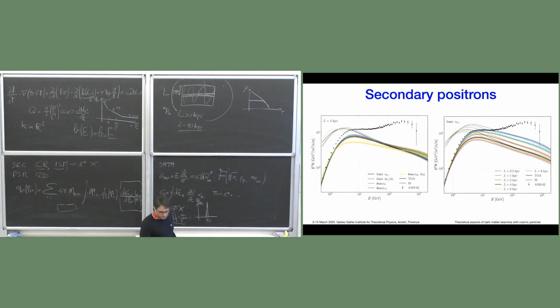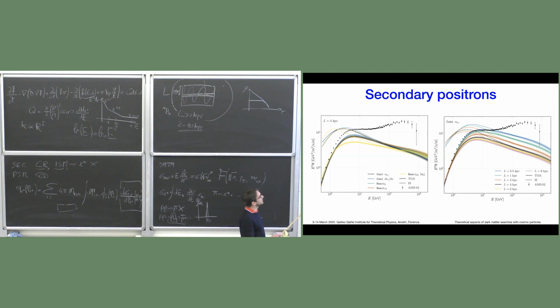And then for the secondary production, we get a secondary production with respect to the AMS positron data, for which it's clear that something else is needed, right? Because the data points are not on top of the bands.